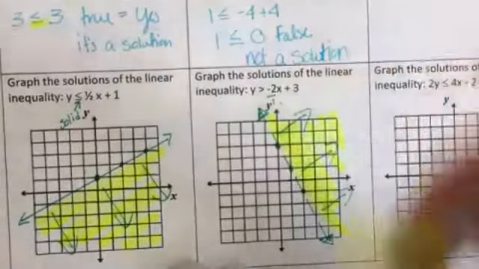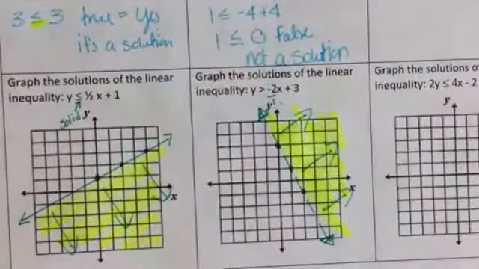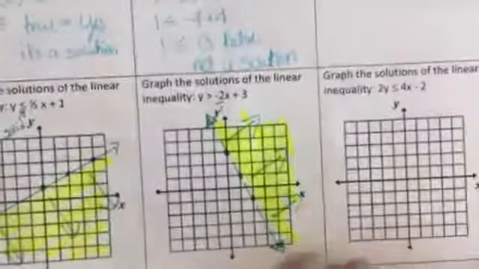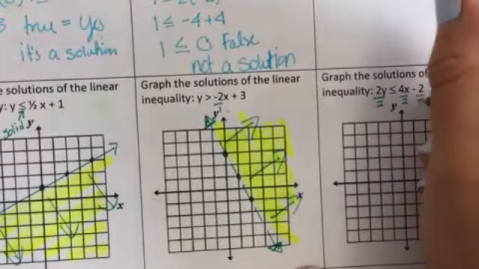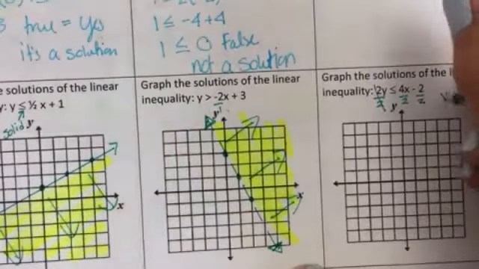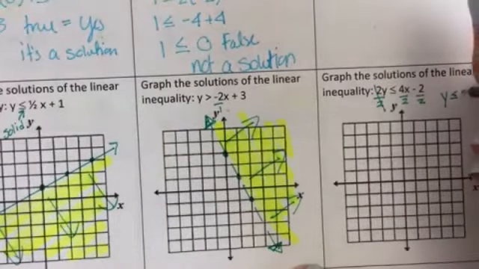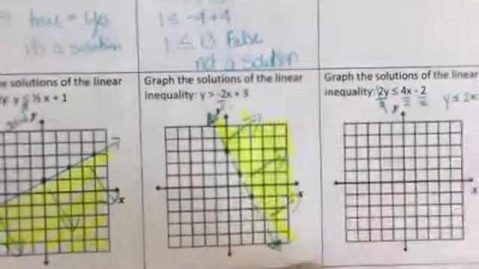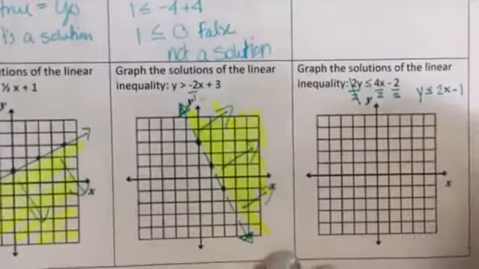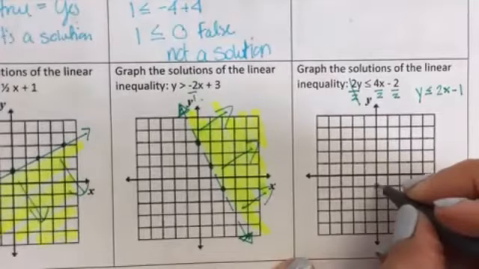Now the last one is a little bit different, only because Y is not by itself. So I could do that really quick by dividing by a 2. I have Y is less than or equal to 2x minus 1. So I start at -1.